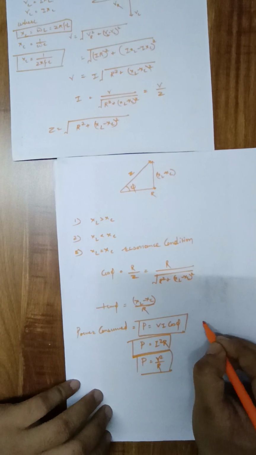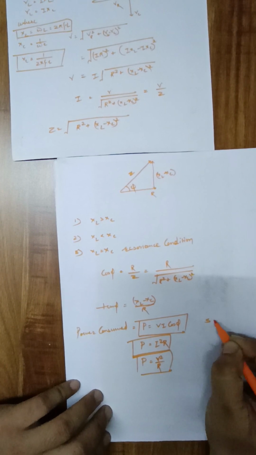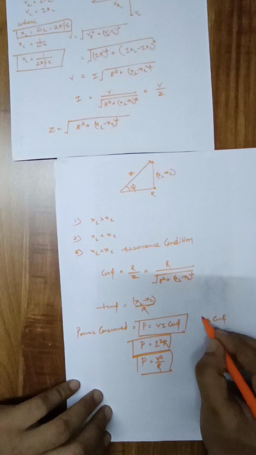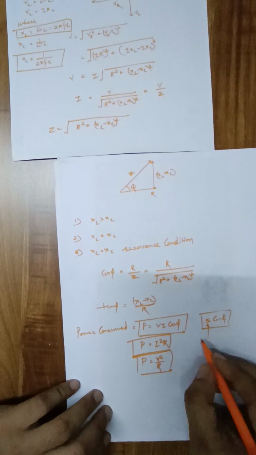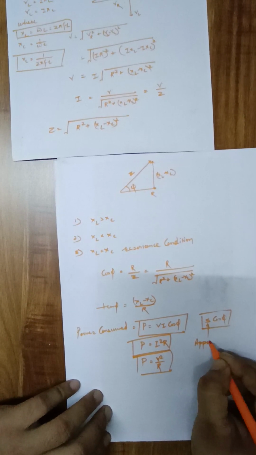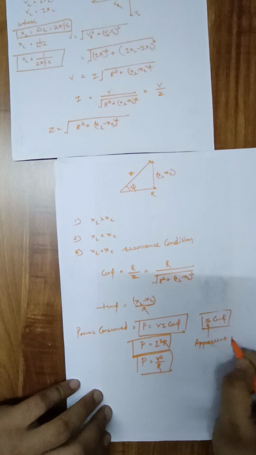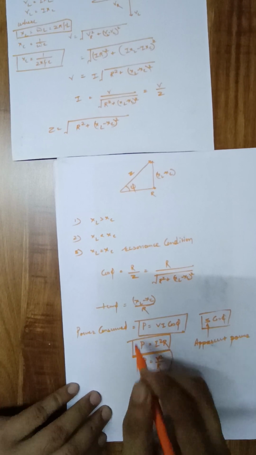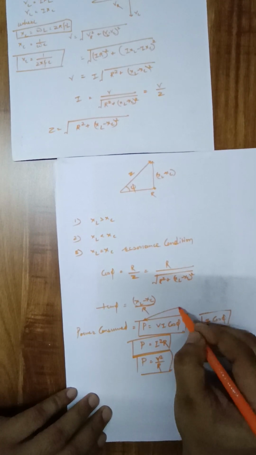Here at the place of VI we can represent like S cos phi, where S is what? S is termed as apparent power. P is what? Active power.